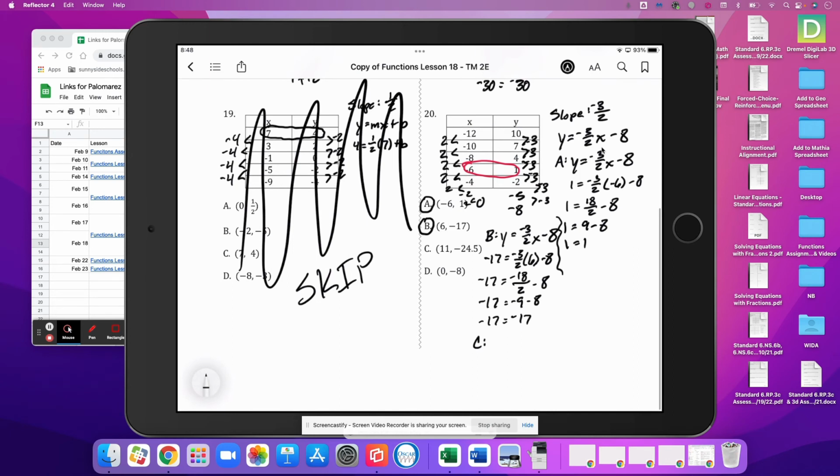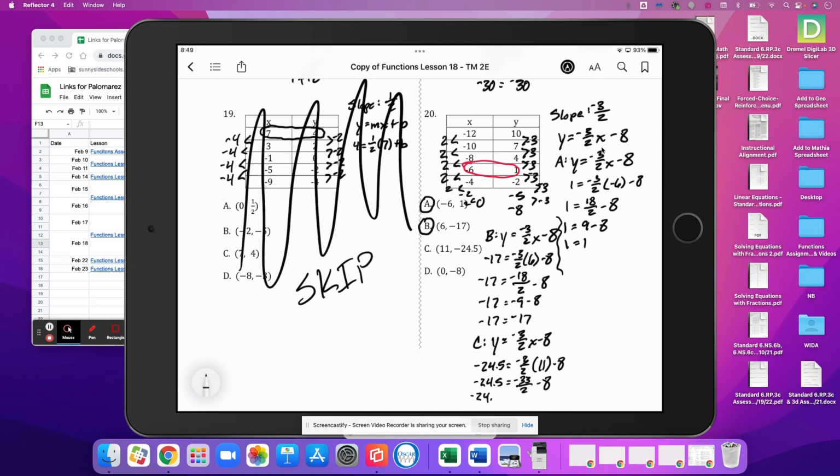C, y equals negative 3 over 2x minus 8. So negative 24.5 is equal to negative 3 over 2 times 11 minus 8. Negative 24.5 is equal to negative 33 over 2 minus 8.